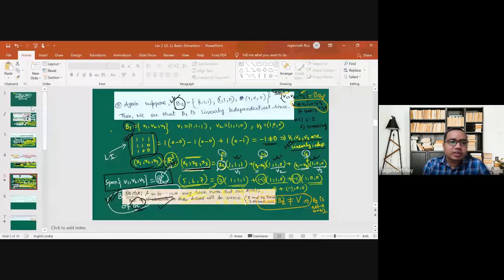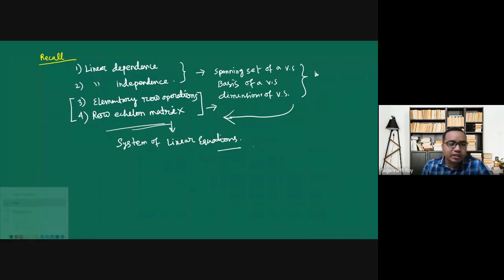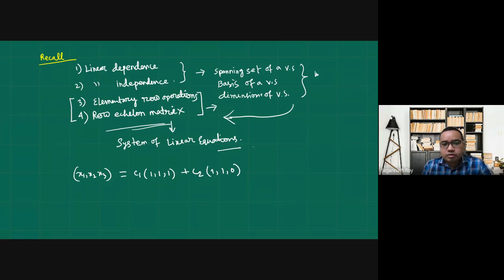We write, for any given x1, x2, and x3, a linear combination of C1 times (1, 1, 1), plus C2 times (1, 1, 0), and then C3 times (0, 0, 1).